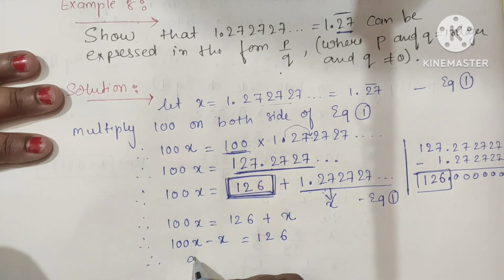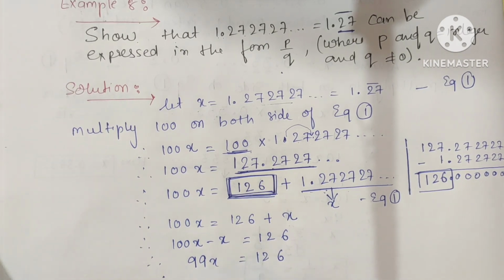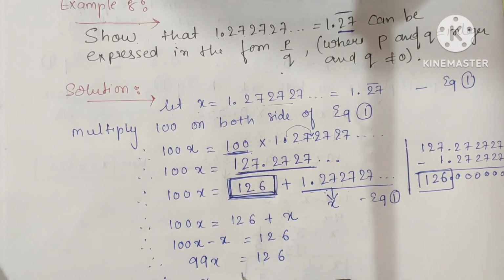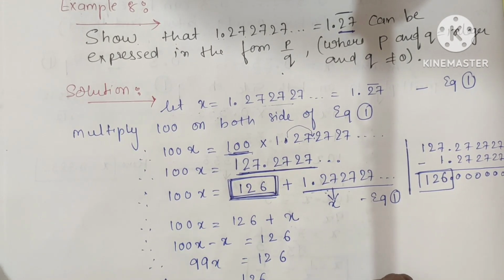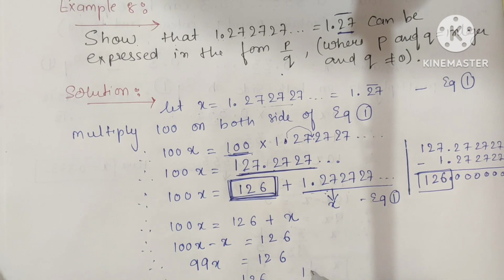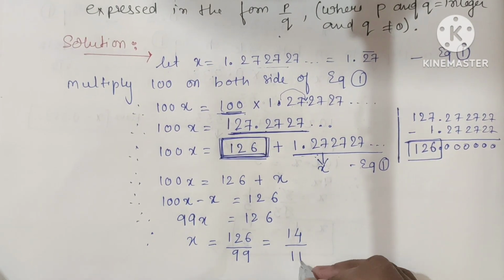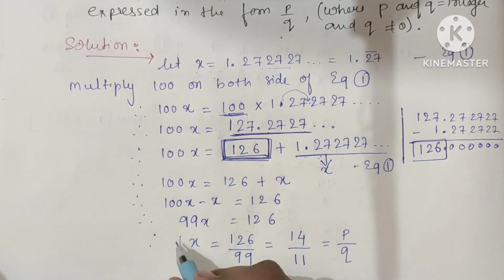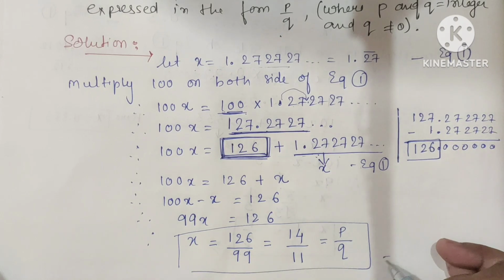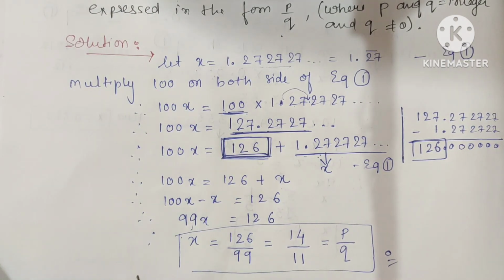Therefore, 99x is equal to 126. Therefore, x is equal to 126 divided by 99. You will get 14 by 11, which is in the form of p by q. This is the answer, and this is how you are going to write it in your exam.